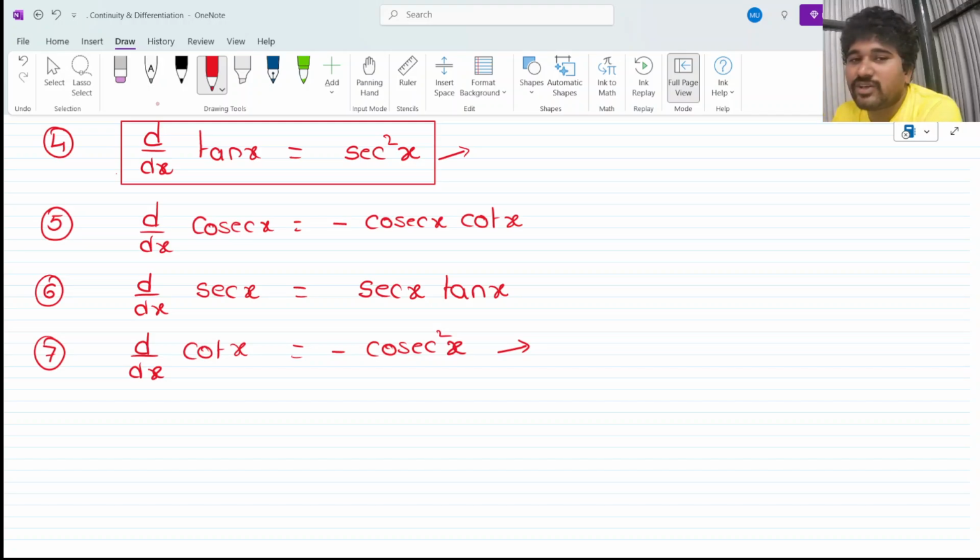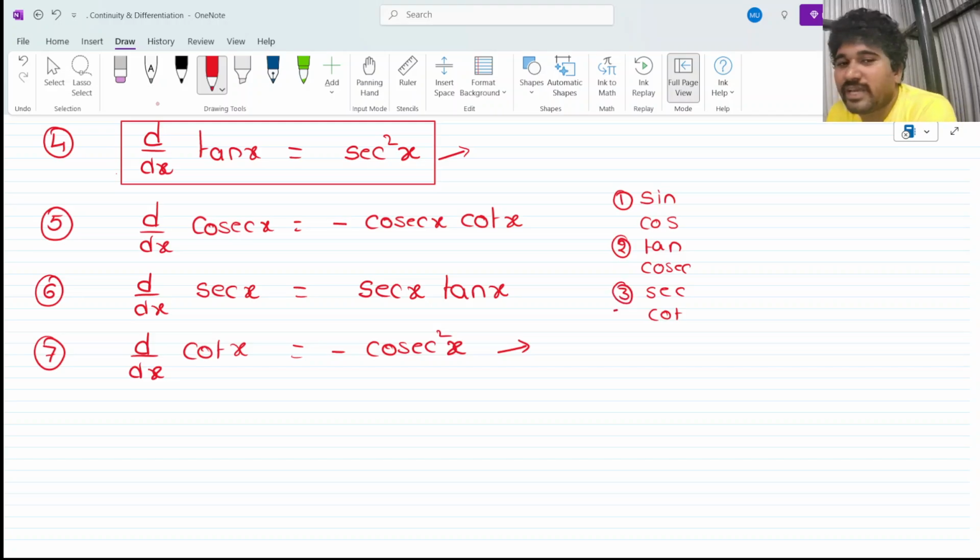Understand? Out of the six trigonometric functions, sine, cos, tan, cosecant, secant, cot, the first three will be having positive outputs. The remaining three will be having negative.